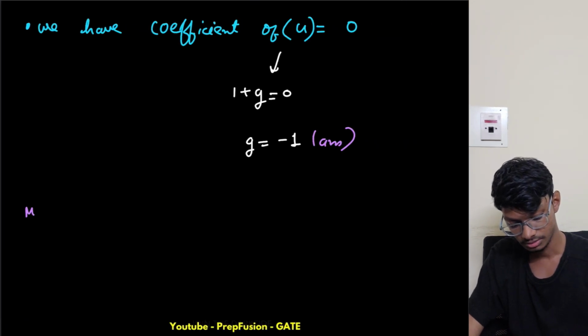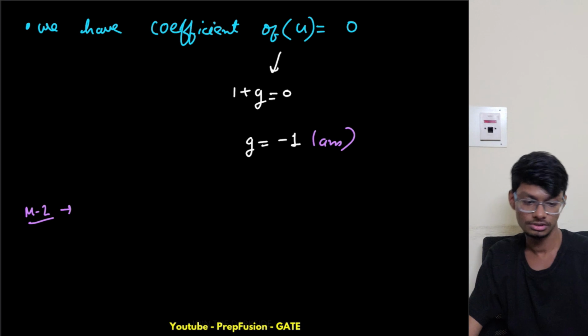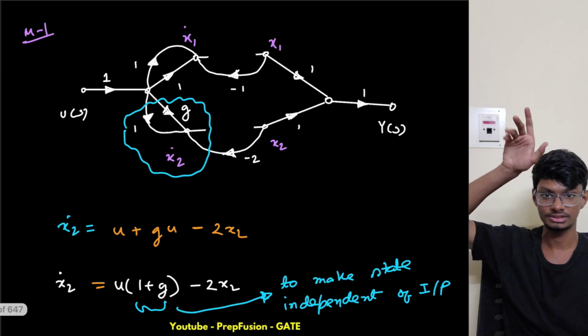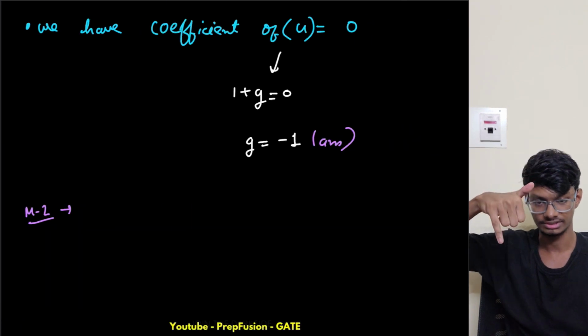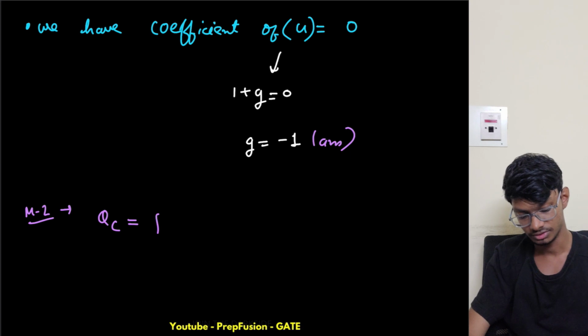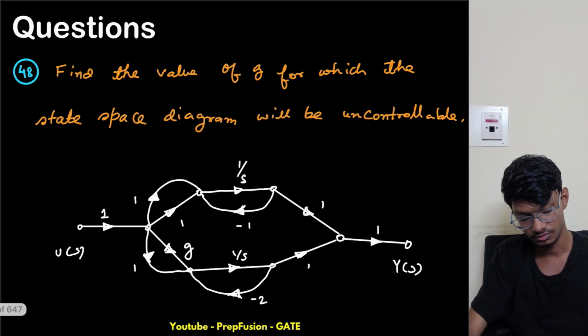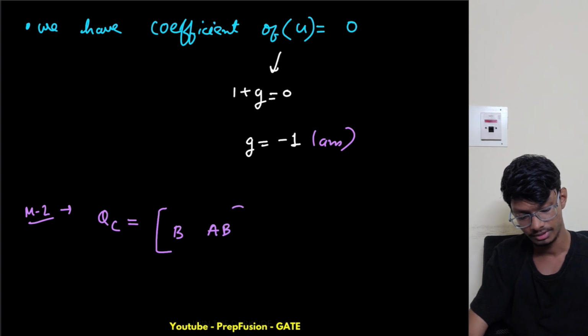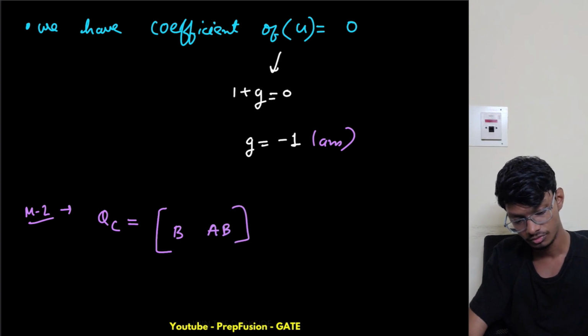Use Kalman's. How will you use Kalman's? So like here the state diagram is given. In some question the state space representation is given, like ABC matrix are given. So from there you write QC, okay, QC as a function of ABC, right? Like QC you write this is what order, this is second order, right? So QC you write, okay, this B and then AB, right? Now what do you do?